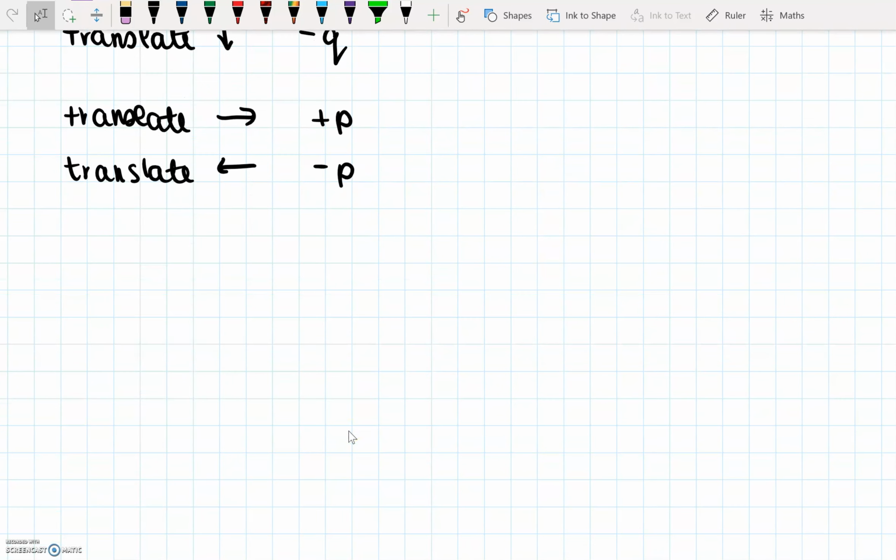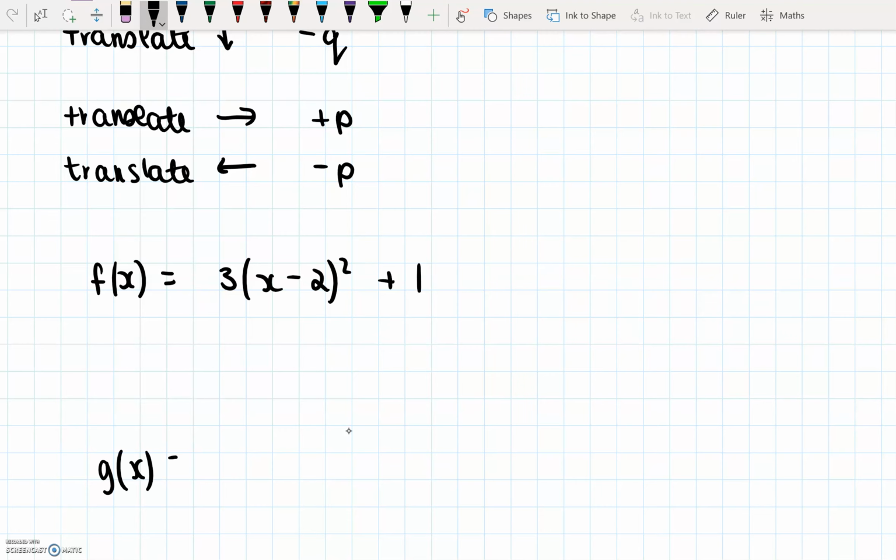If you have a formula like, for example, f(x) equals 3 times (x minus 2) squared plus 1, and we want to know how we can change it to g(x) equals 3 times (x plus 4) squared minus 2, then we have to think about what we have done to get there.